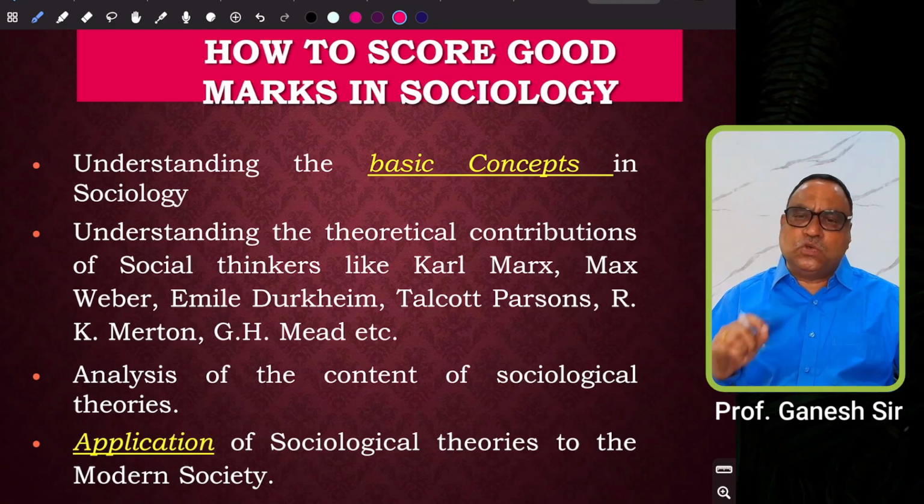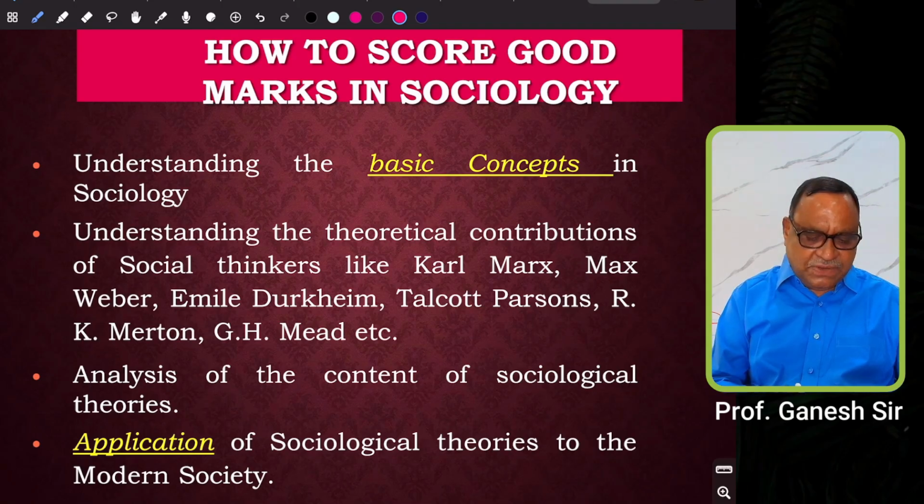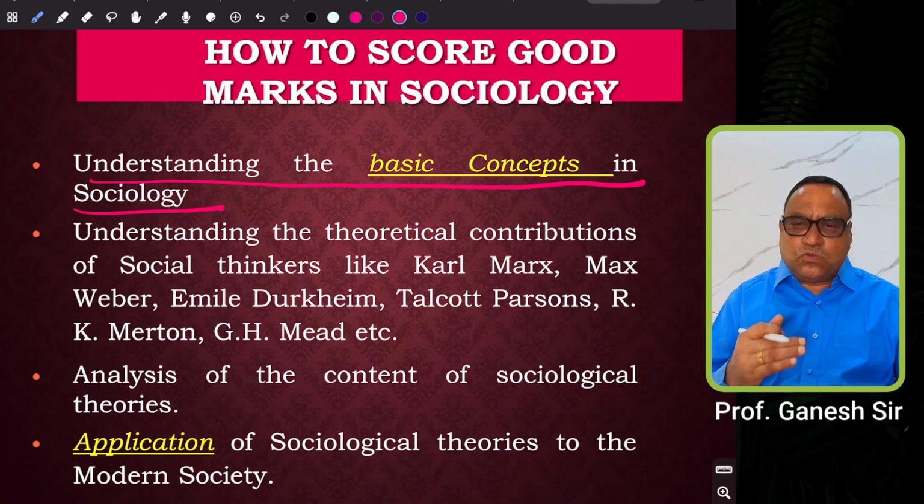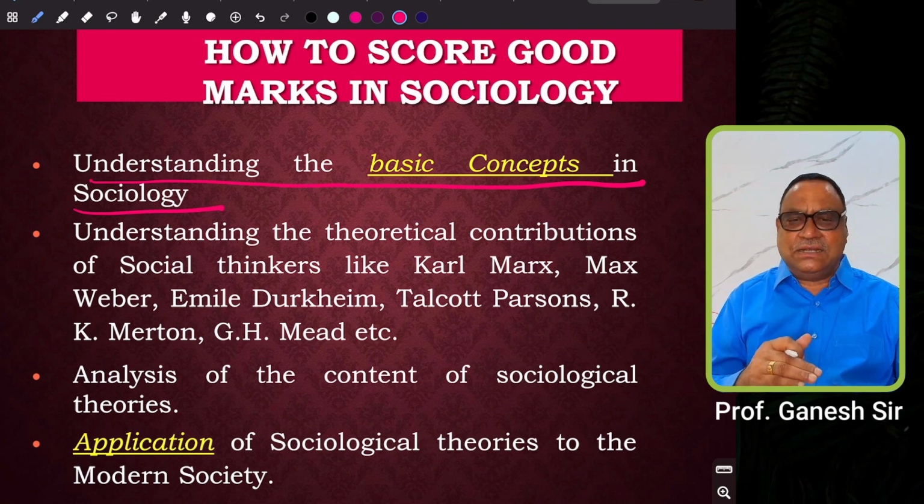The student who chooses sociology as an optional is first supposed to understand the basic concepts in sociology. This is very important, understanding the basic concepts in sociology. By going through the basic texts related to sociology, a student is supposed to understand the various concepts used in the study of human society, like socialization, social conflict, social stratification, social inequality, power and state, social change.